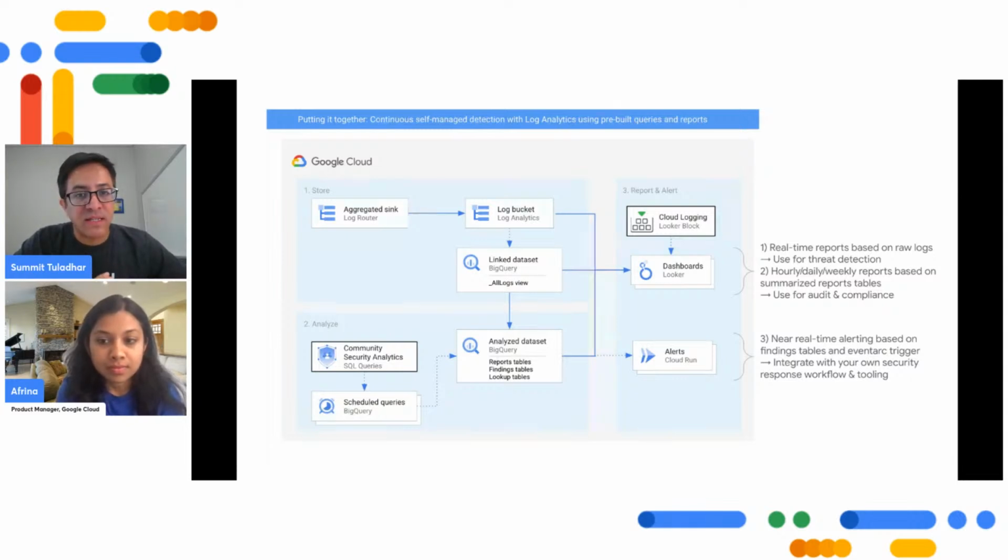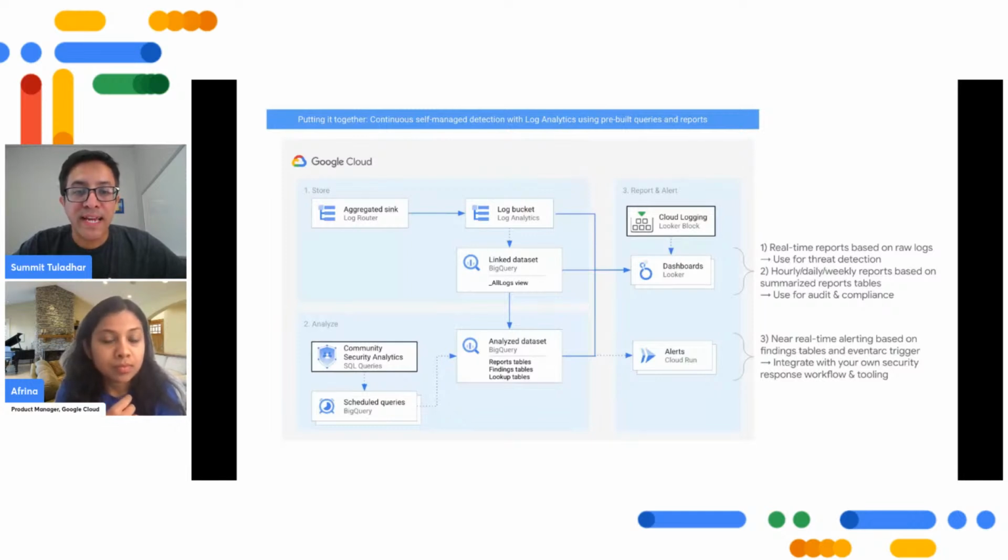We have the ability to create linked datasets, which you can use to query the same logs from BigQuery. Using the community security analytics queries, if you find some interesting queries that you want to run repeatedly, you can use the scheduled queries feature in BigQuery to run the query over and over.